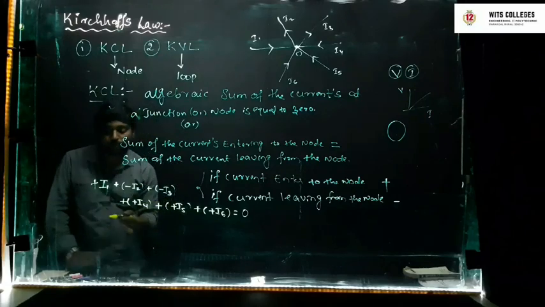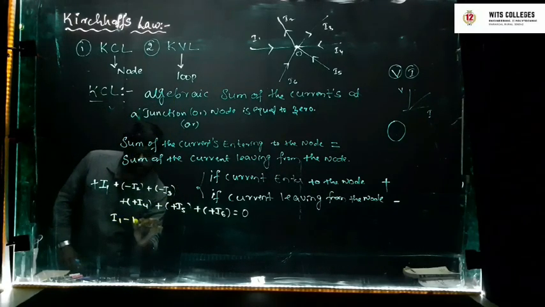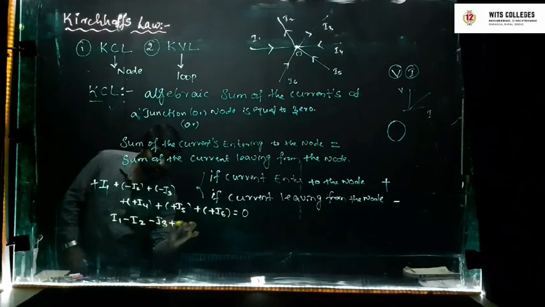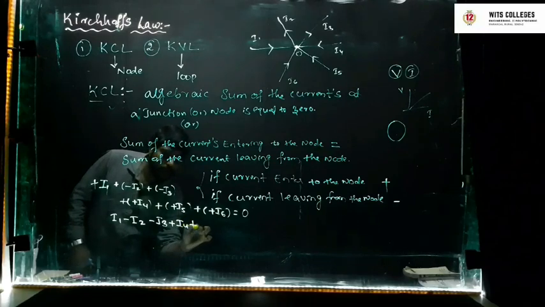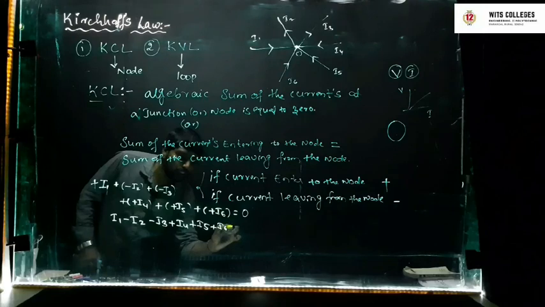The algebraic sum of the current is equal to 0. Here: I1 minus I2 minus I3 plus I4 plus I5 plus I6 equals 0.